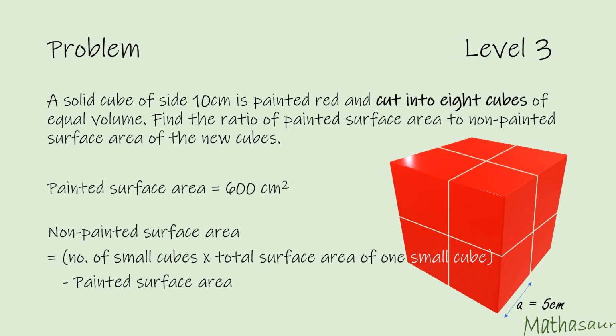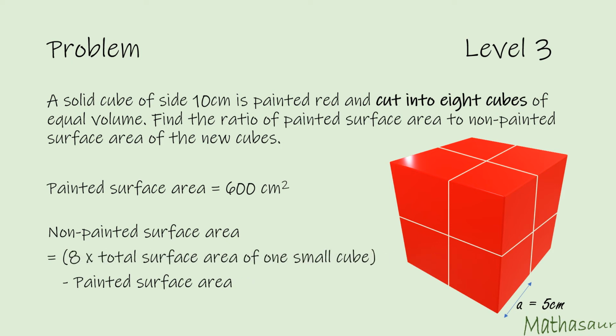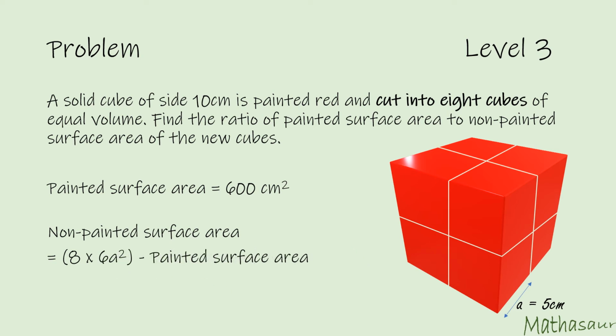So the total surface area of the smaller cubes would be the number of small cubes multiplied by total surface area of one small cube, or 8 times total surface area of one small cube, or 8 times 6 small a square. Let us substitute the value of small a as 5. So we get 8 times 6 times 5 times 5. How do we make this calculation easier?